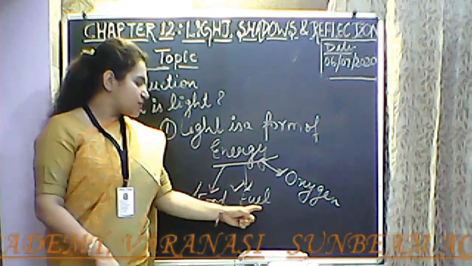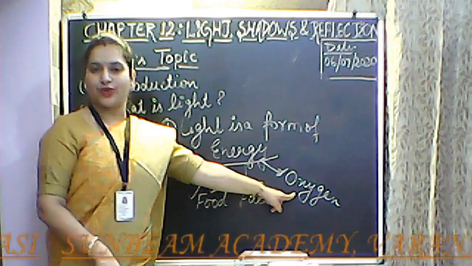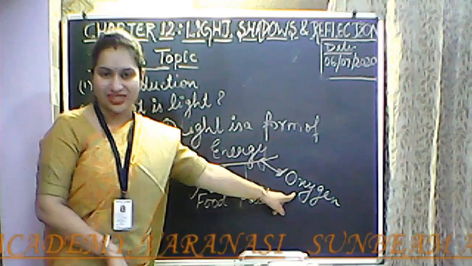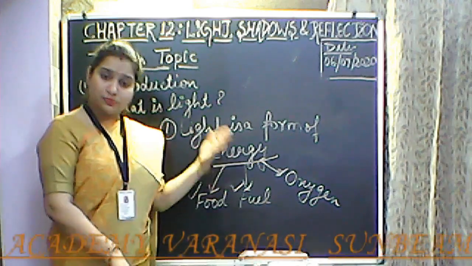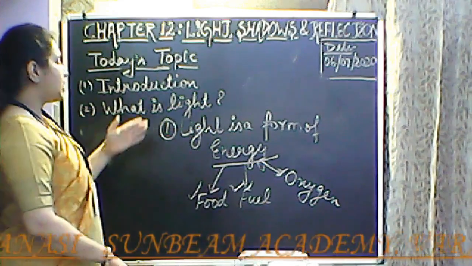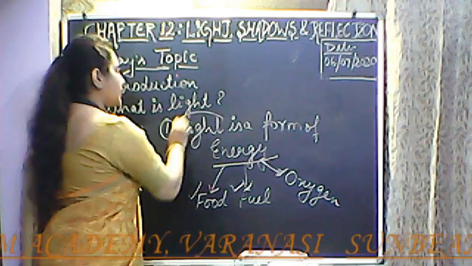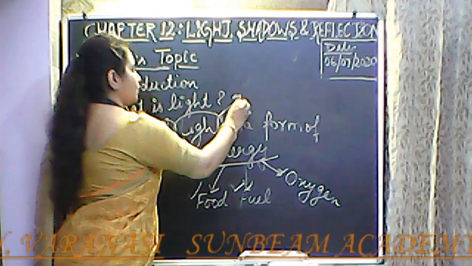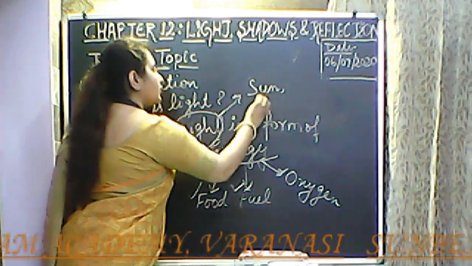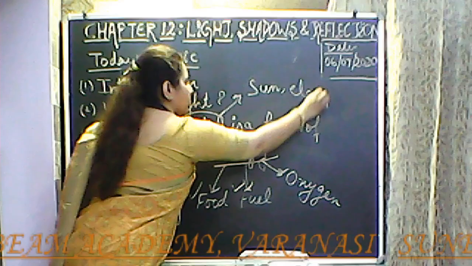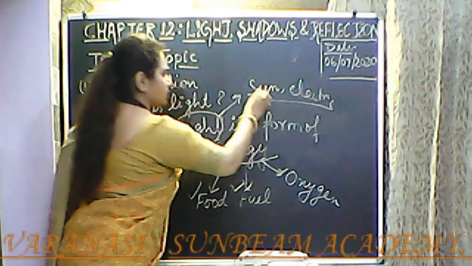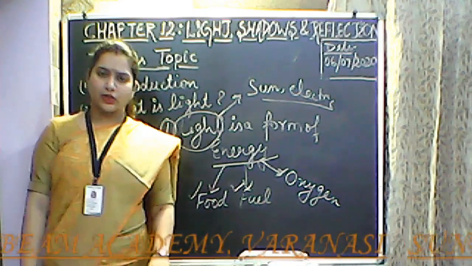Okay? So this fuel and oxygen, we all know we cannot survive without oxygen. Yes? So all these things, what is providing us? Light is providing us. Light can be in the form of the sun, or it can be an electric bulb or anything like that. Clear? Got it?